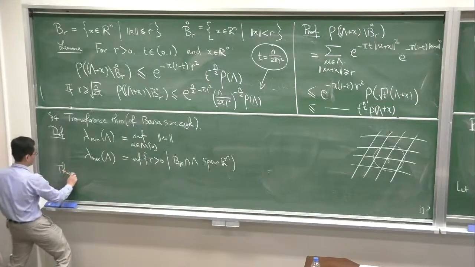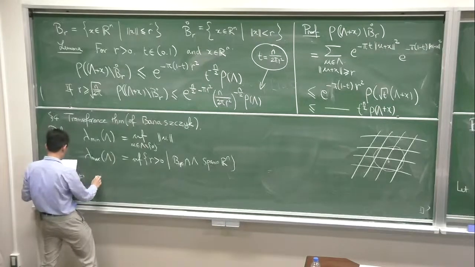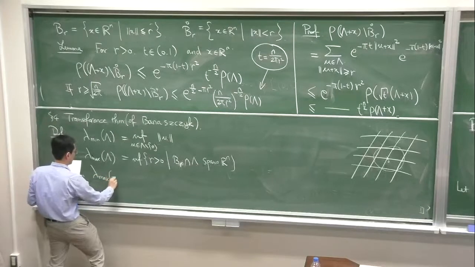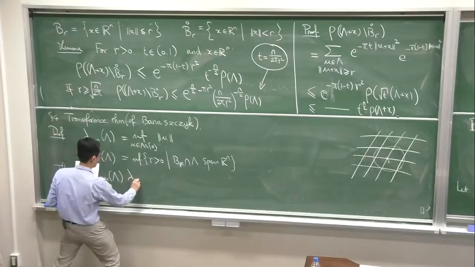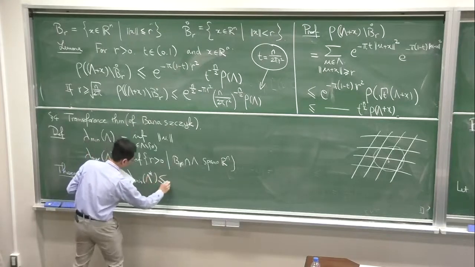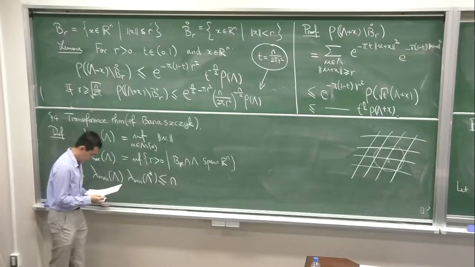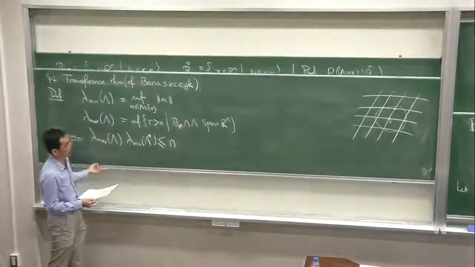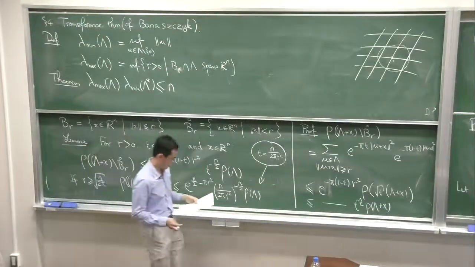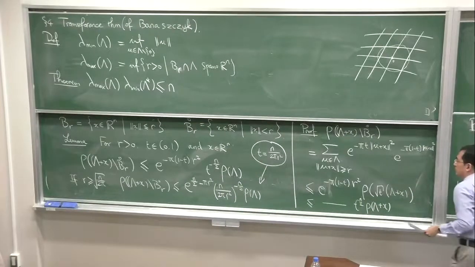So the theorem, this is a very serious, recent theorem, in fact, of Banaszczyk, saying that lambda max of lambda times lambda min of the dual lattice is bounded from above by n. It is sharp at the level of power.